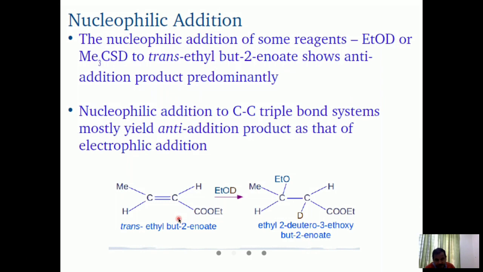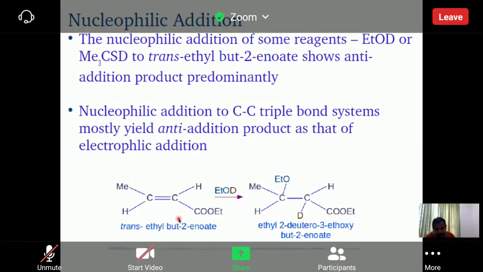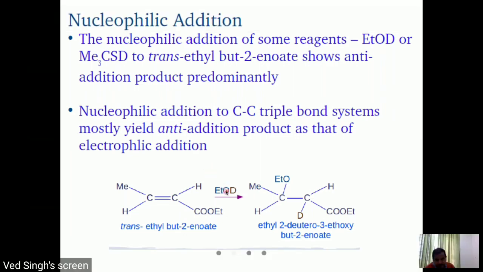This is another starting material. What will form? This D plus and OEt minus. So D plus is the electrophile, this is the nucleophile. So in this nucleophilic reaction, this will attack here, then this will form a carbanion and deuterium will bond here.